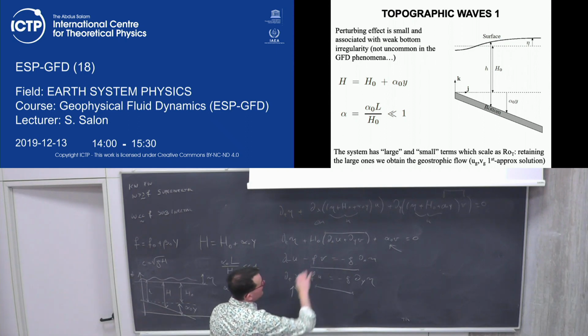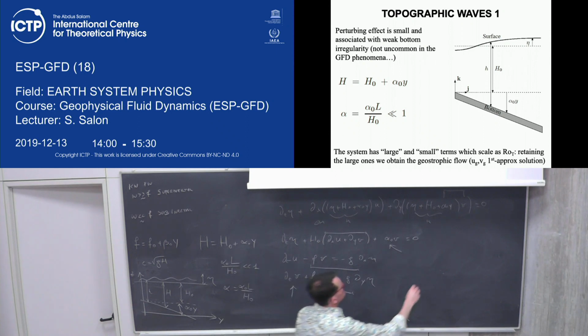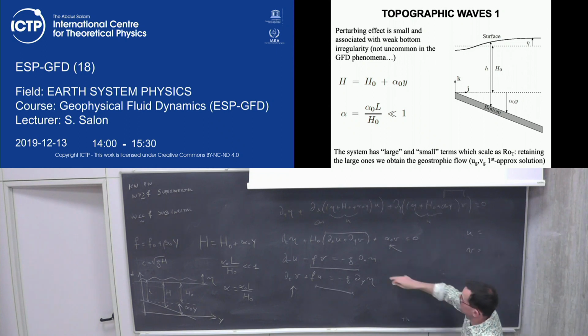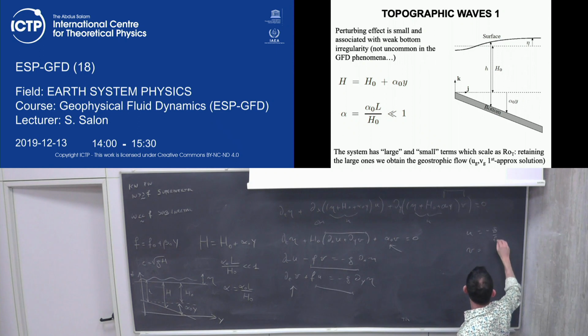So again, if we calculate the two solutions for the geostrophic flow, it's minus g over f0 dy eta, g over f0 dx eta.